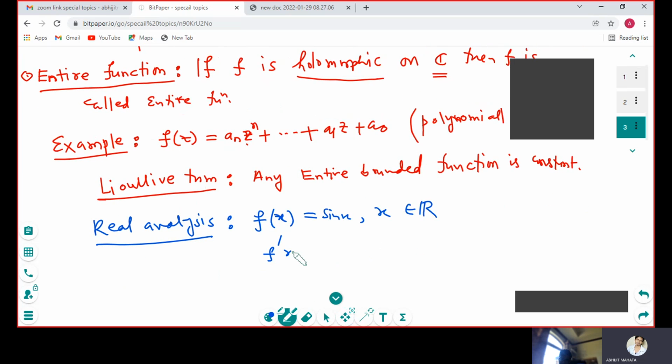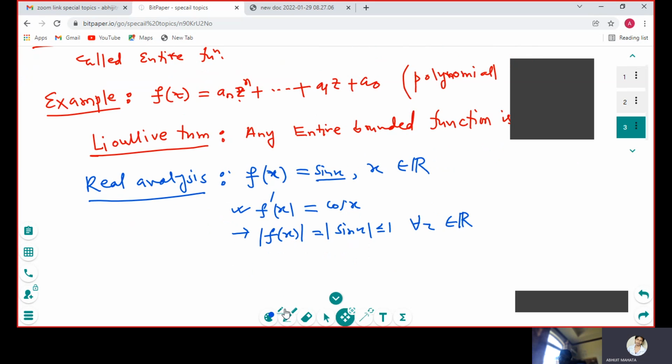The derivative is cosine x. And it is bounded because the absolute value of sin x is less than or equal to 1 for all real x. So the function f(x) equals sin x is differentiable and bounded, although it is a non-constant function.